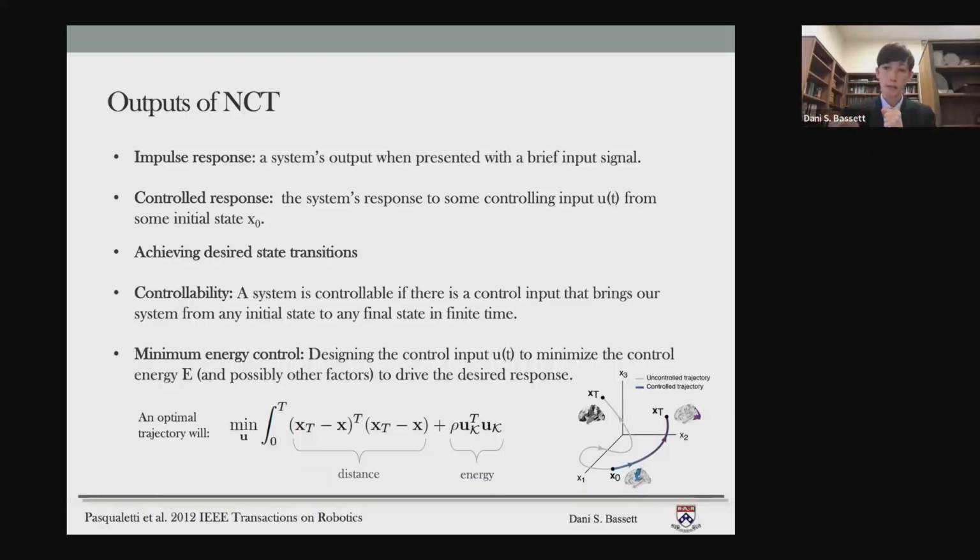The reason that's interesting is that energy minimization is a common biological constraint, something that the brain may be using very frequently in deciding the state transitions that it engages in. But there's also a clinical reason to minimize the energy of the control, so as not to heat the tissue, for example.